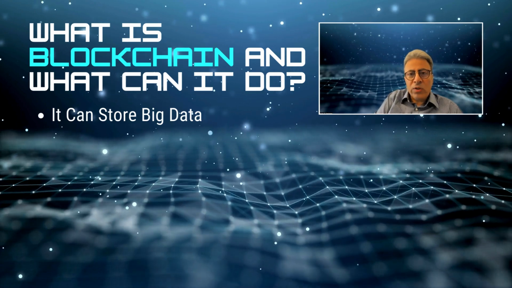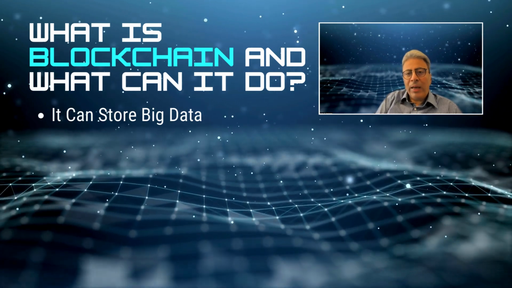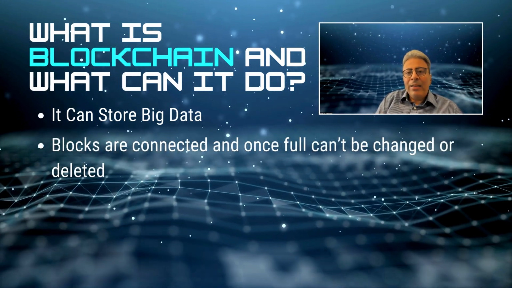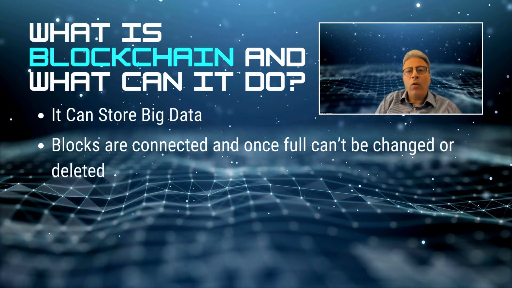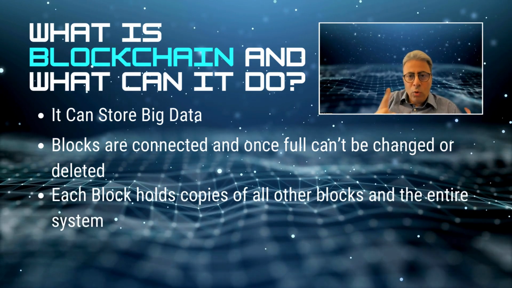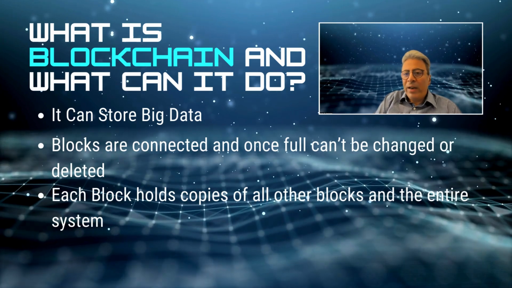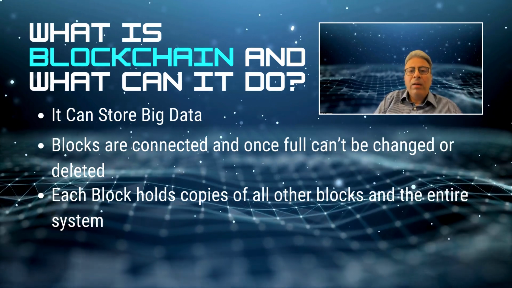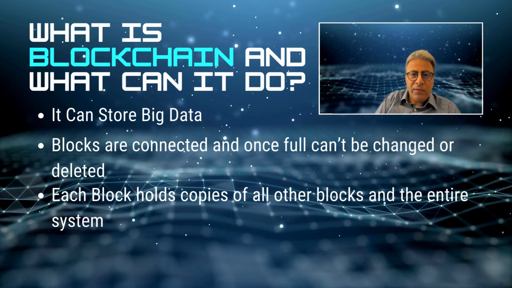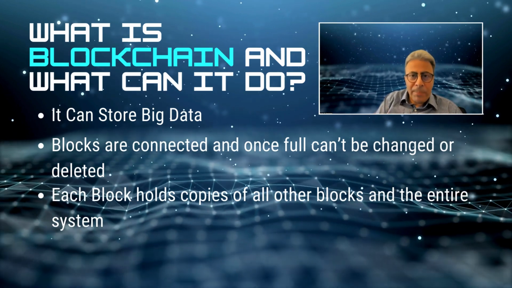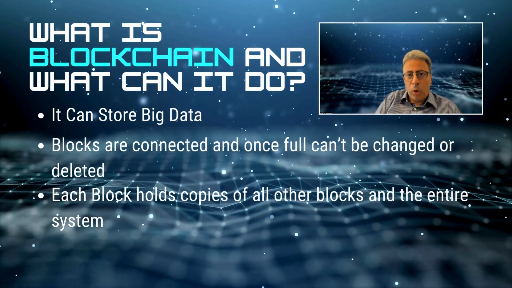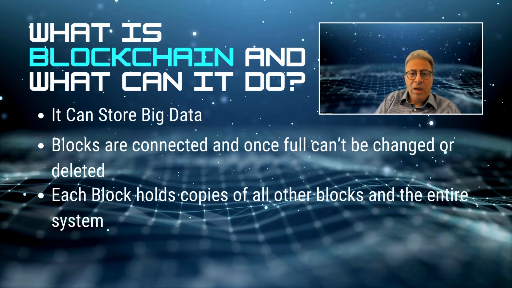So all the blocks are connected together and linked together, and each single block has a copy of all the chain or all the blocks. So whenever any block is not working, the whole system will still have a backup of this block and a backup of the entire system.